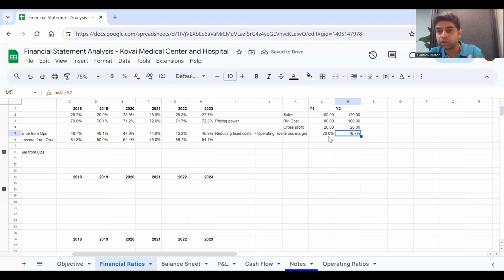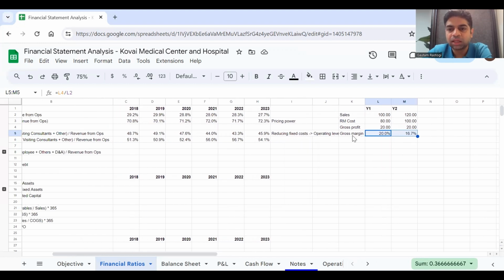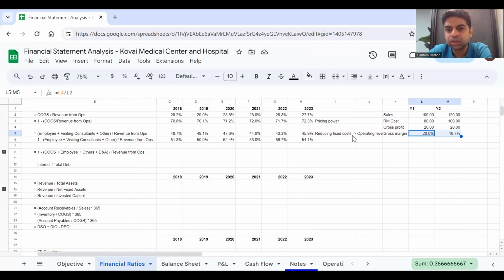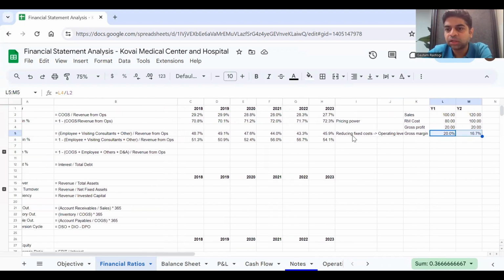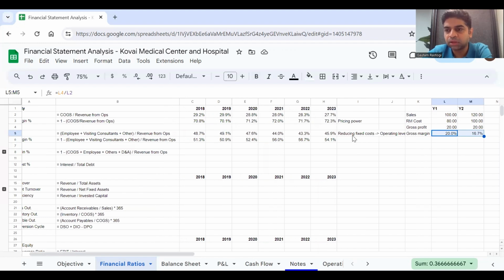So although there was a drop in margin, the company was still able to pass the increase in cost of raw materials to the end customer. So that means the company has pricing power. The point I'm trying to drive home is that just by increasing gross margin, it doesn't truly indicate that the company has pricing power.